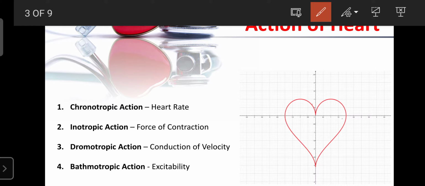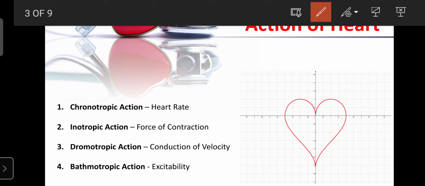If anywhere you hear the inotropic action, it shows the force of contraction, or what the effect is on the size of the muscle, whether it decreases or increases. The decrease is known as the contraction, so it denotes the force of contraction.